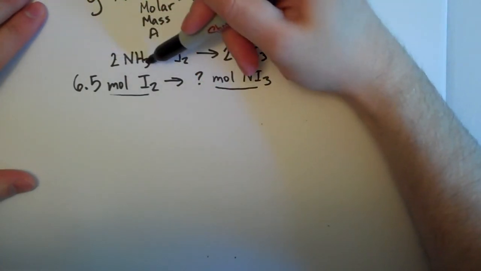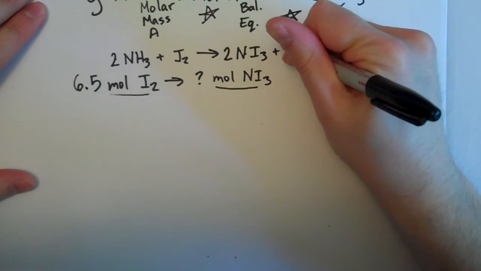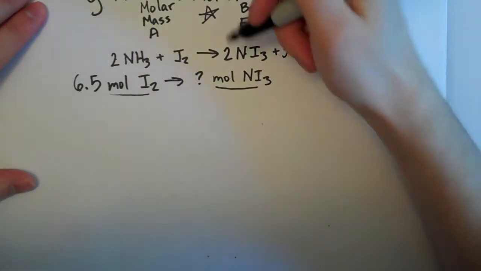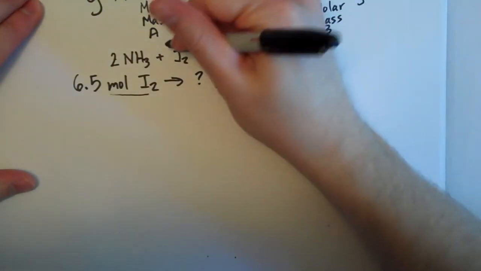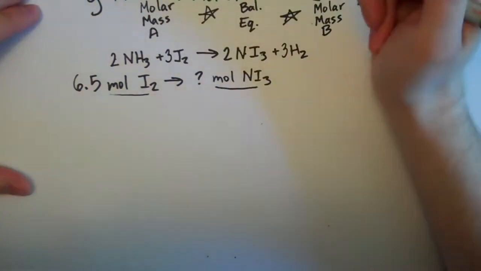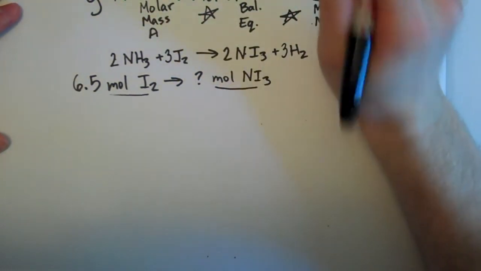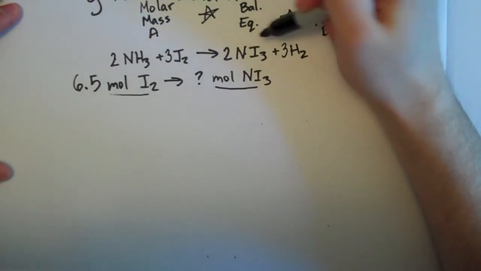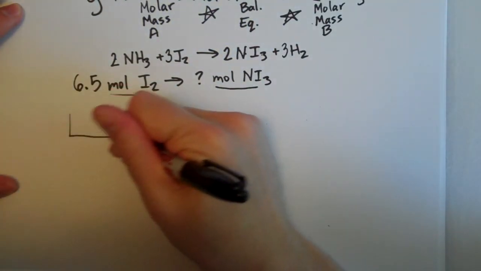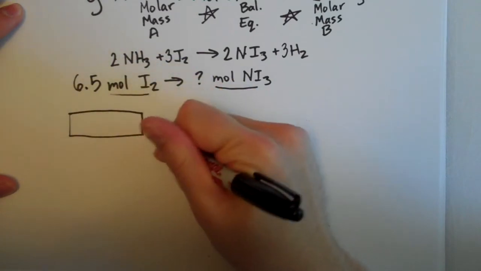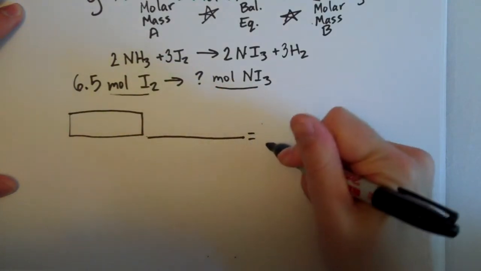But now we have 6 hydrogen. So if we put a 3 here, now we have 6 hydrogen. We also have 6 iodine. Putting a 3 out front now gives us 6 iodine over here. So now we have a nice balanced equation. That's what we need. So let's go ahead and set up our typical domino problem.